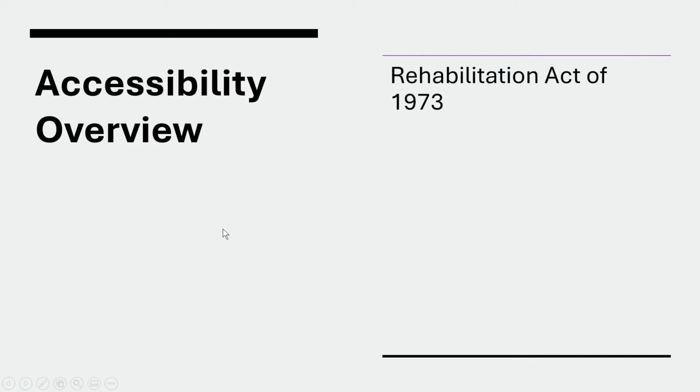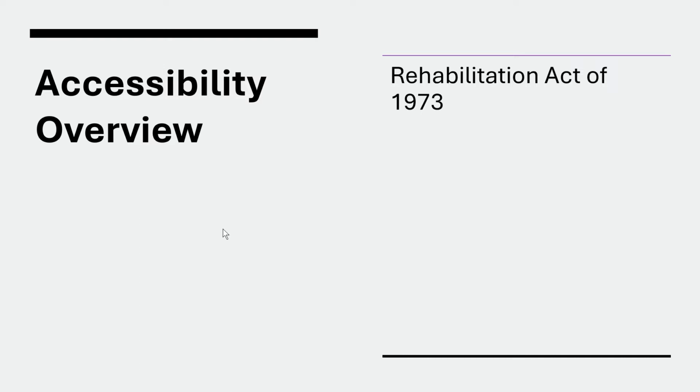Let's go ahead now and give a little bit of an overview of accessibility to give us a little bit of background on where a lot of these laws and properties came from. So let's go all the way back to 1973 with the Rehabilitation Act of 1973 that prohibits any kind of employment discrimination based on people's abilities.